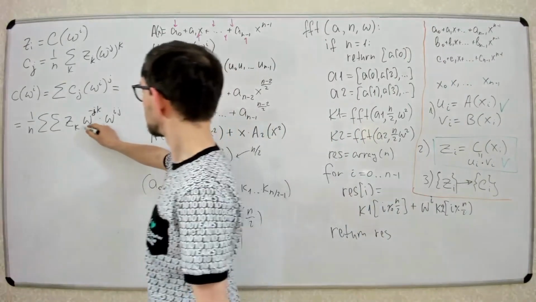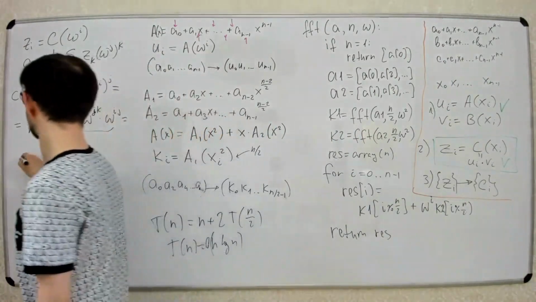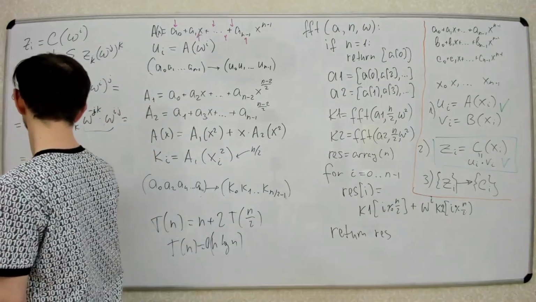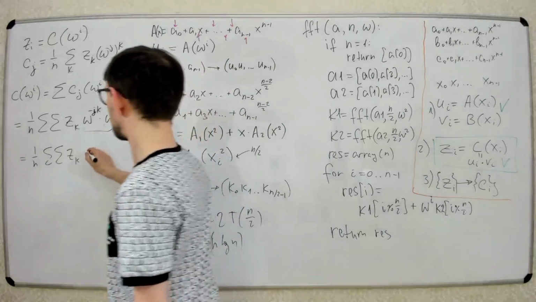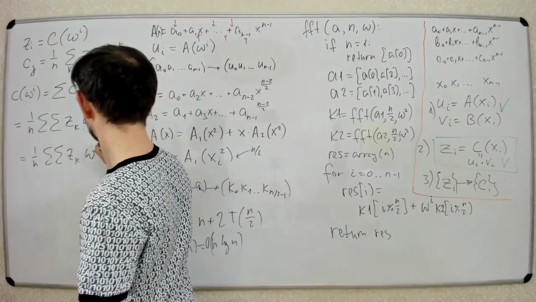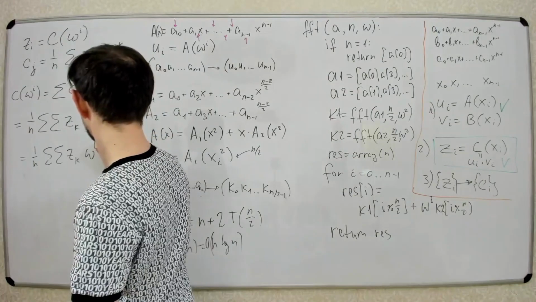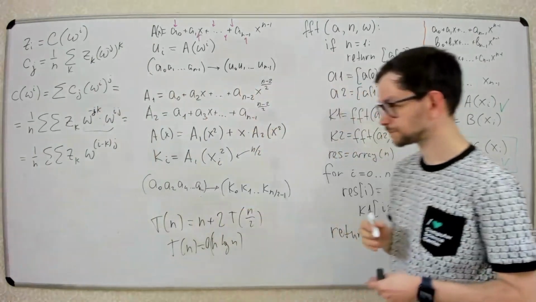Now, let's look at this thing. So this thing is w in power, let's rewrite it, w in power j times i minus k, like this.